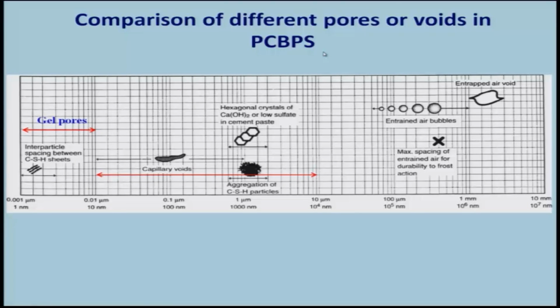If we take the size on the x axis and comparatively see the size range of gel pores and capillary pores, the figure shown here has the size varying from 1 nanometer to as high as 10 power 7 nanometers. Remember, nano is nothing but 10 power minus 9 meters.